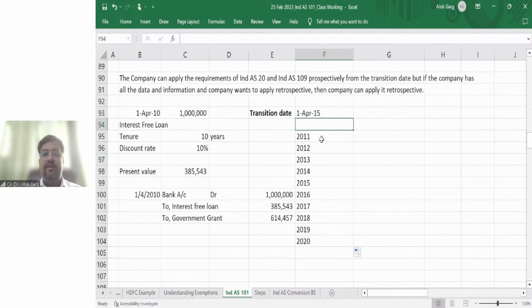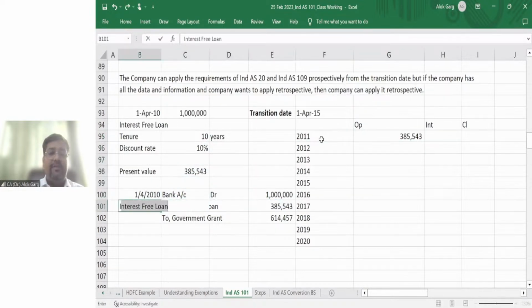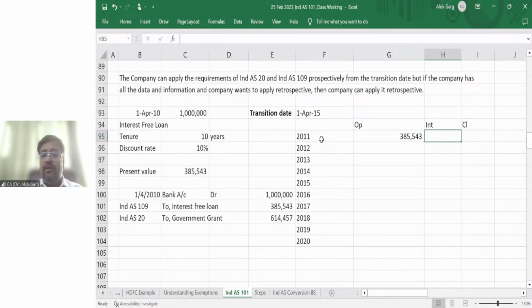This is 10 years. Opening, interest, closing. What is the opening in 2011? The interest-free loan. This interest-free loan has to be accounted for as per Ind AS 109, and this government grant has to be accounted for as per Ind AS 20. What is the accounting? Interest will be at 10%, at which it was discounted. The closing will be this plus this, right?